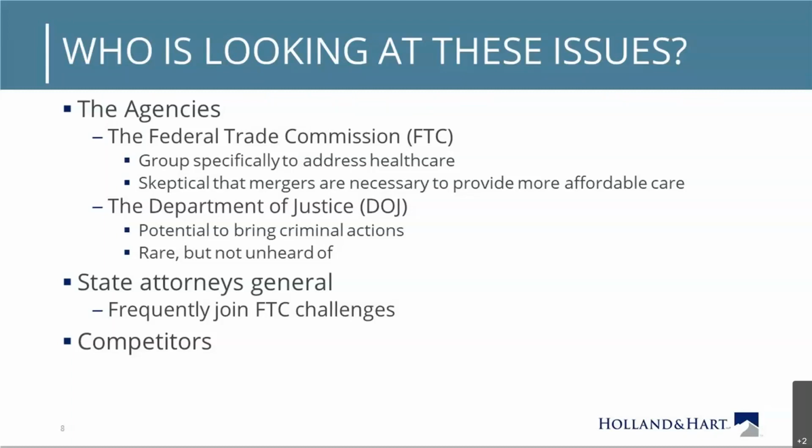In addition to the federal agencies, state attorneys general are often involved. And I will say the level of involvement varies from jurisdiction to jurisdiction. The amount of antitrust enforcement at the AG level in Utah versus Nevada versus California versus New York are all going to be very, very different.